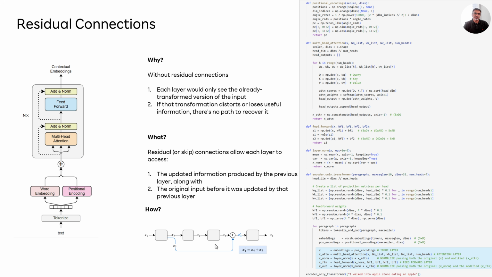So how is it relevant to the transformer? In the transformer, there are two residual connections in the encoder block. The first one is the addition of the original word embedding enhanced with the positional encoding, which is the X, which you feed to the multi-head attention, which converts that into a context-aware embedding matrix.